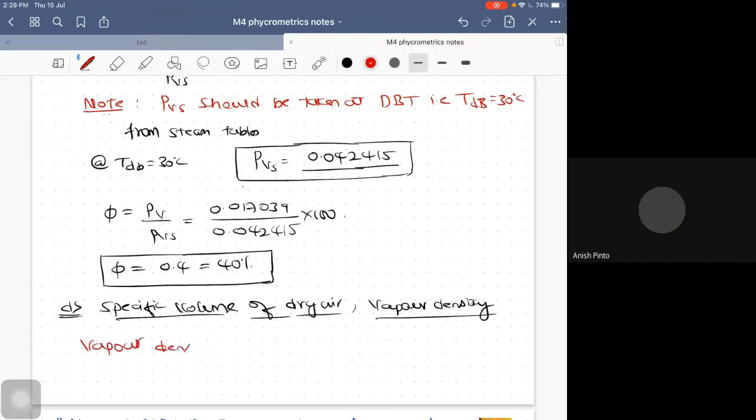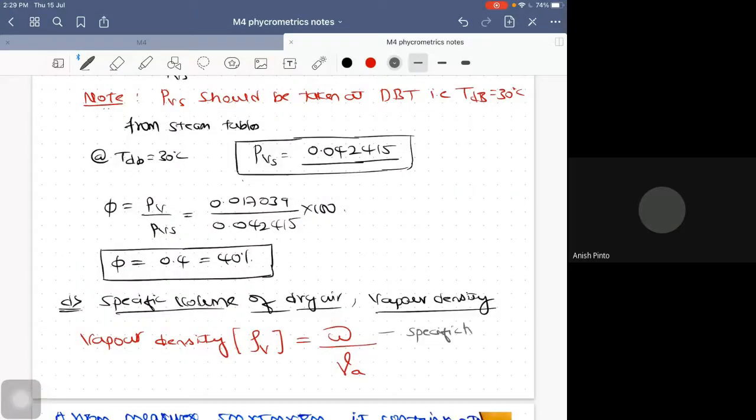Vapor density is nothing but rho suffix v, that is given by omega divided by specific volume of air. Omega is what? Specific humidity. And what is small v suffix a?